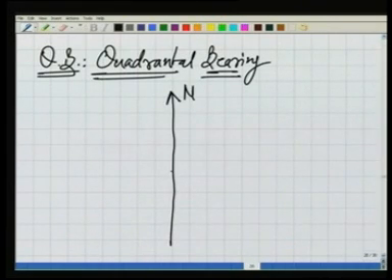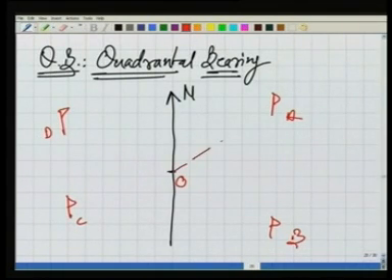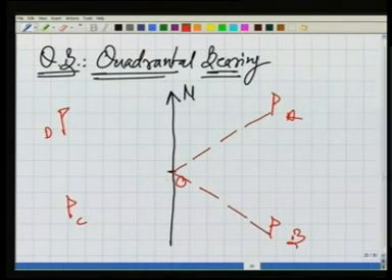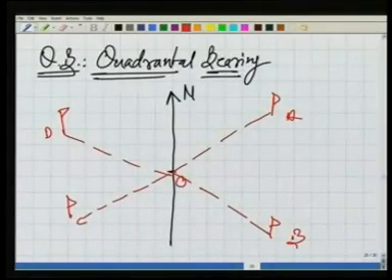So N, this is the point where the observer is, O, and we have again A, B, C and D, some ranging rods, and we can join them by these lines. So basically we are interested in measuring the bearings of line OA, OB, OC and OD.